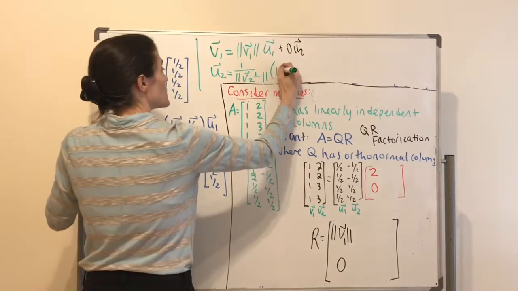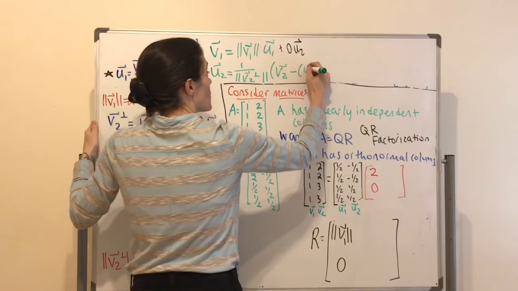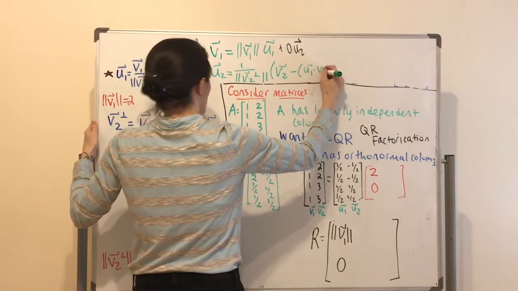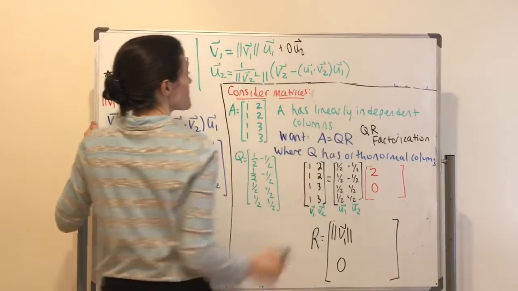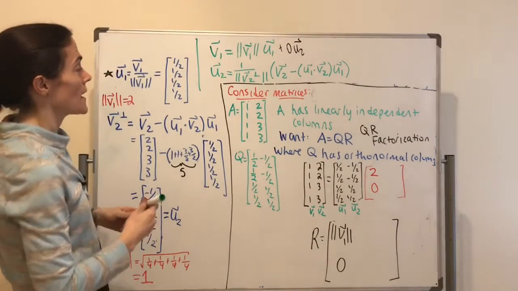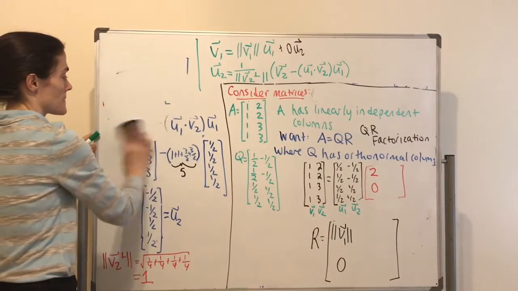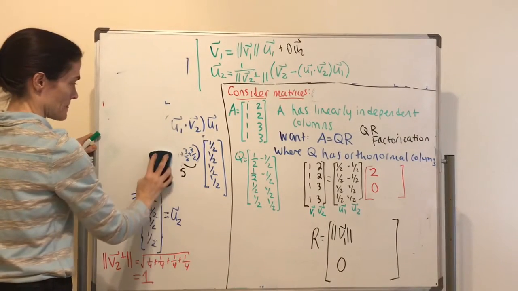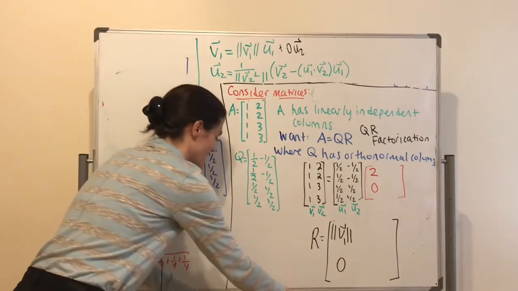Times, we get V2 minus U1 dot V2 U1. Okay, and I think I closed all my parentheses. So I'm going to erase some of this. Uh-oh. Let me recopy what I started to erase.